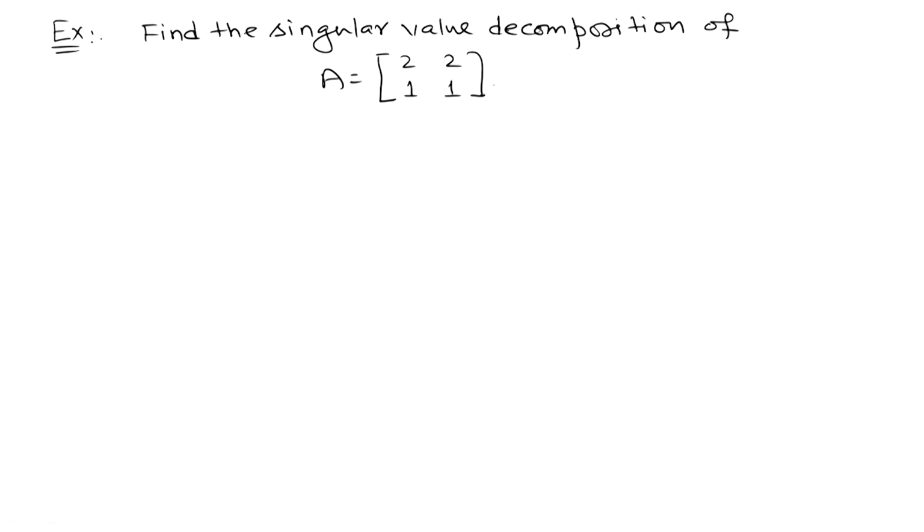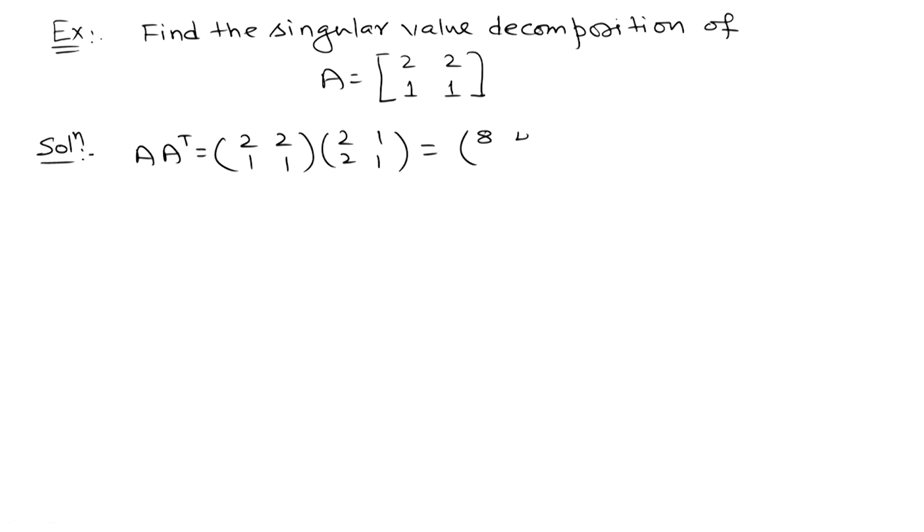So, it is a square matrix. For simplicity I have taken this; I will take an example of a rectangular matrix also. So, here A into A transpose will become 2, 2, 1, 1 into 2, 2, 1, 1, which comes out to be 8, 4, 4, 2.